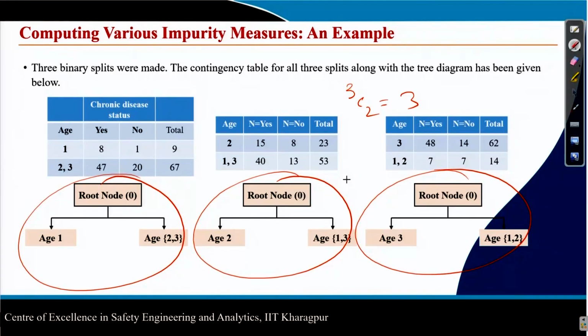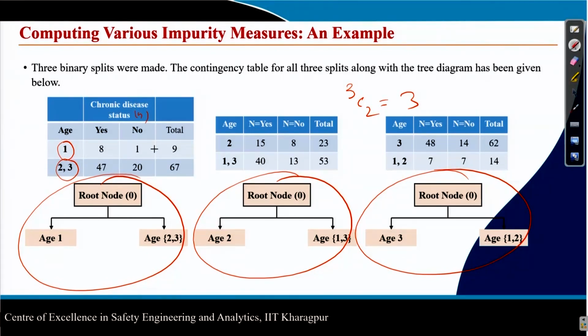We have considered one predictor variable for explanation purposes, so that you will understand the computation. Now we know y status, yes or no. What is the status with reference to age 1 and both age 2 and age 3 groups?